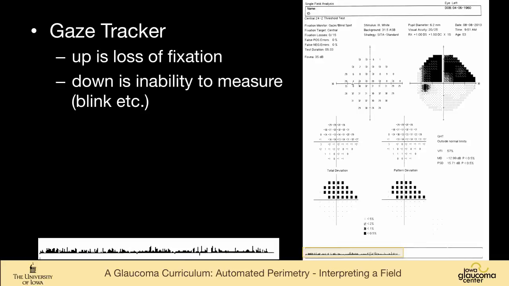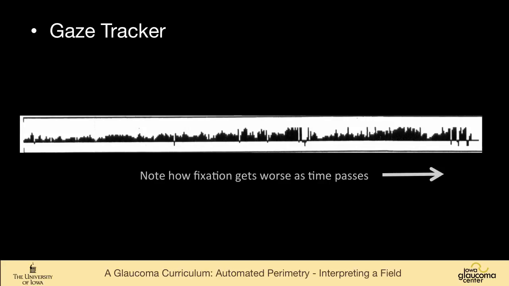It's remarkable to me how often fixation losses and the gaze tracker don't really go together, but this is another way of measuring how steady the patient is. And in our institution, we have perimetrists watching the patient as he or she performs the test. So for me, the perimetrist comments are very important. You can see this is a very long field, and notice how this patient's fixation gets worse as time passes.